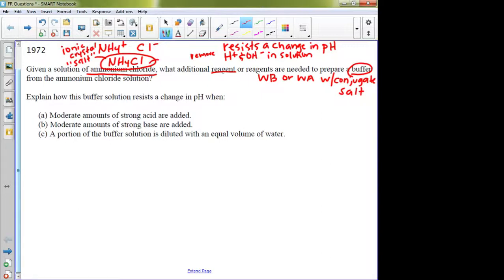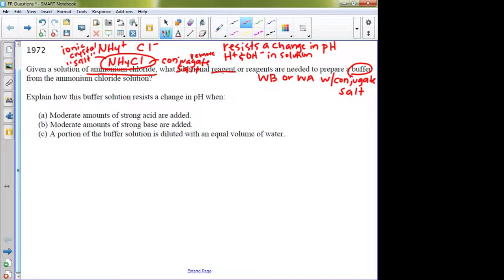So this has to be the conjugate salt. Okay. So a buffer, we said, normally consists of a weak base or a weak acid with the conjugate salt. So let's look at NH4 and Cl.